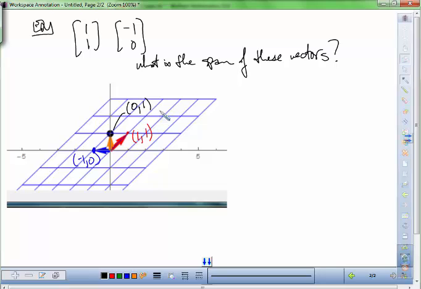So the question here is alpha 1 times the vector 1, 1 plus alpha 2 times the vector negative 1, 0.